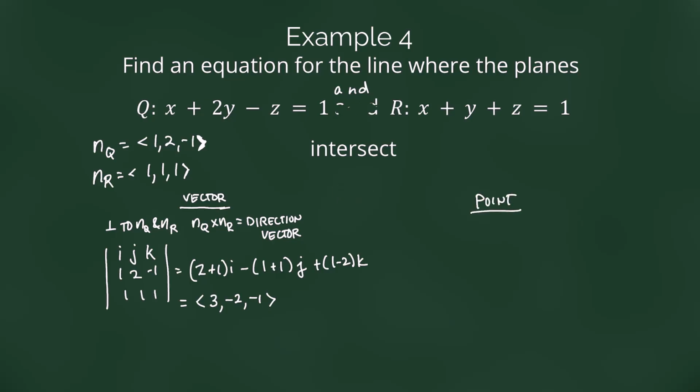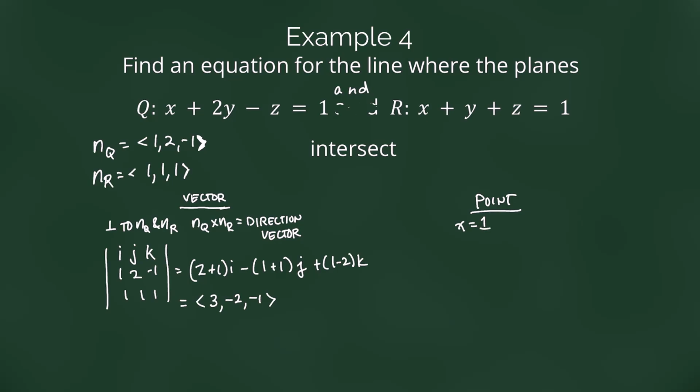To get the point, what we can do is pick any value for one of our coordinates. And once we've done that, we'll solve for the other two on each plane. So let's let x be 0. No, let's let x be 1. Normally I would choose x equals 0, but I have some insider information on this problem.